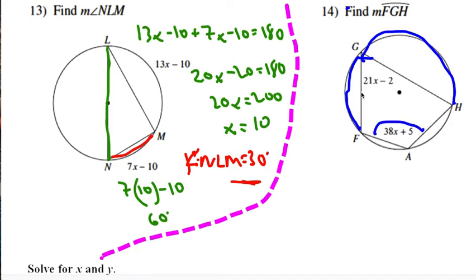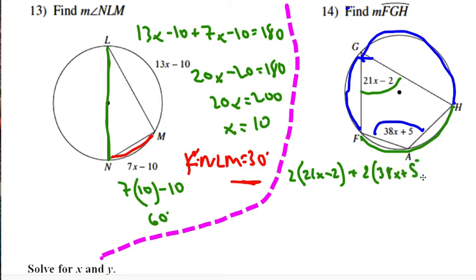And this inscribed angle here, 21x minus 2, describes this. That means that if I take 2 times 21x minus 2 and add 2 times 38x plus 5, that would equal, well, the whole circle, aka 360.